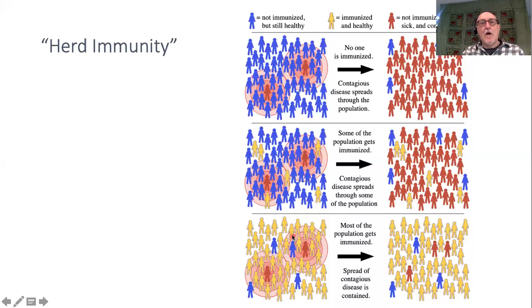The vaccine herd immunity model said, if we can get enough people vaccinated through the population, then look what happens. Who is vulnerable in this scenario? The unvaccinated people, there in blue, who are either unvaccinated or their vaccination did not confer immunity, which does happen.